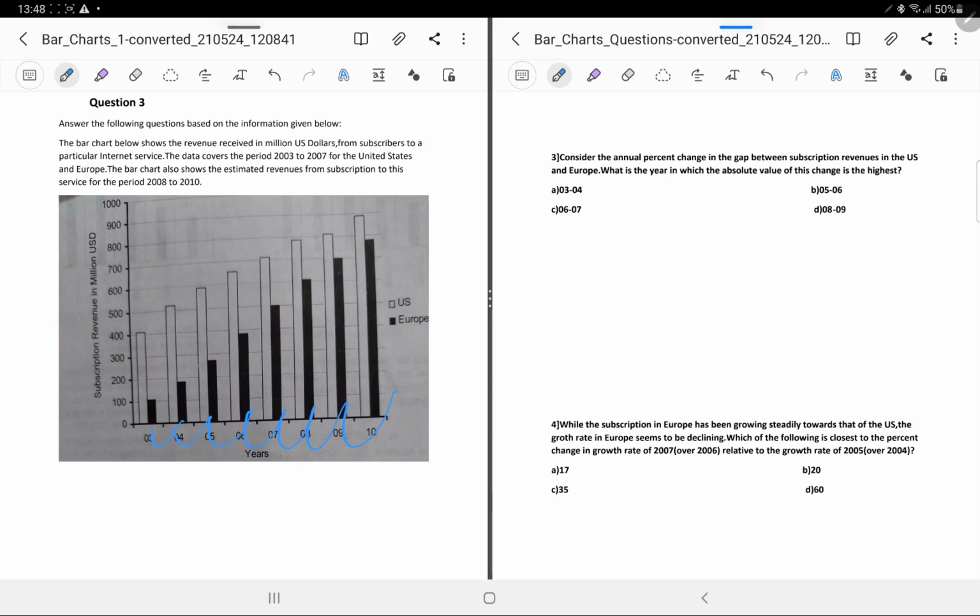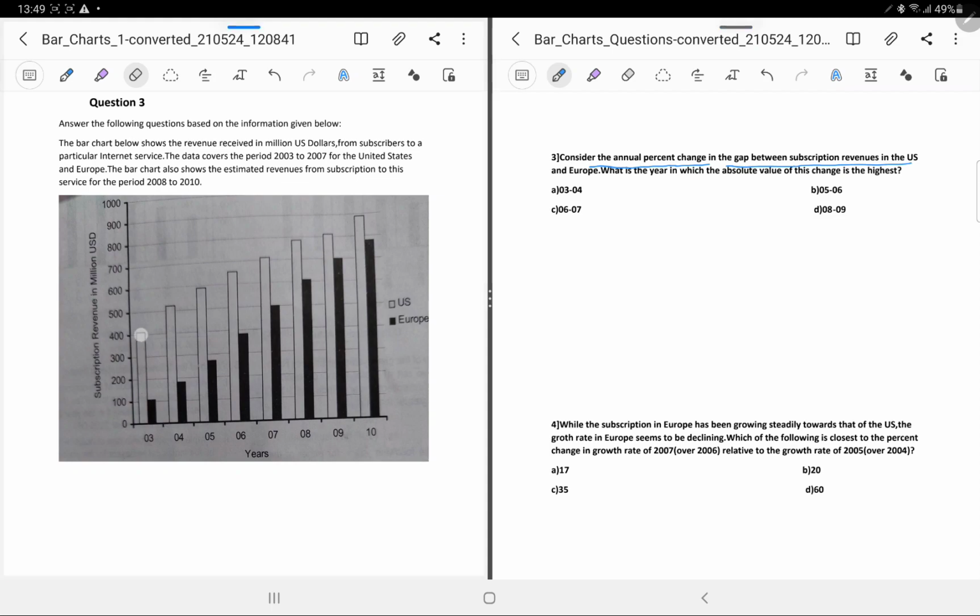What is the year in which the absolute value of this change is highest? So what you basically need to compute in this is, this might seem confusing. Consider the annual percentage change in the gap between subscription revenues in the US and Europe.